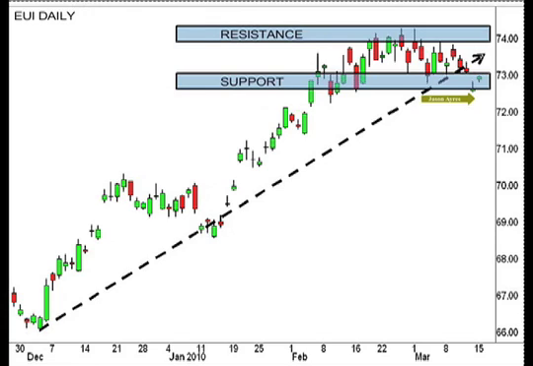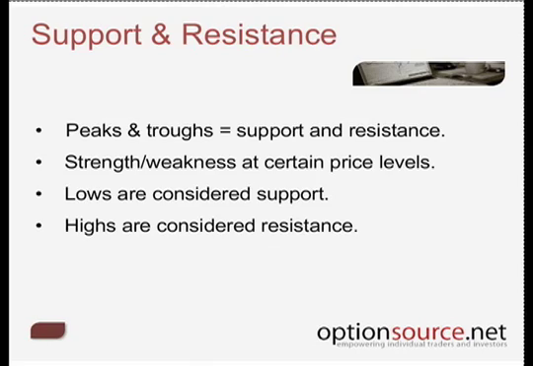So let's look a little more closely at what we mean by support and resistance. Really what we're looking at, of course, is the formation of those peaks and troughs, if you will, as being the support and resistance levels. And ultimately they reflect strength and weakness at certain price levels.